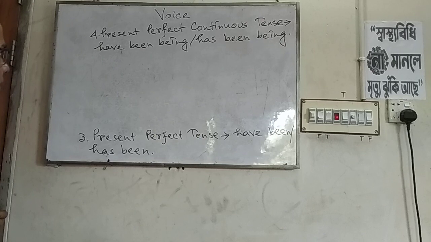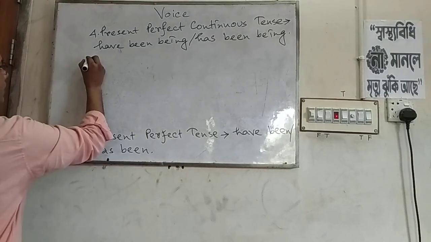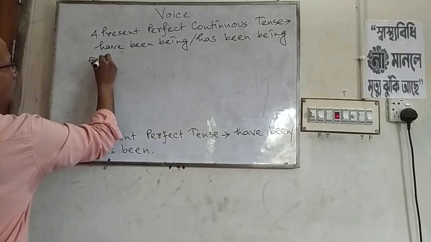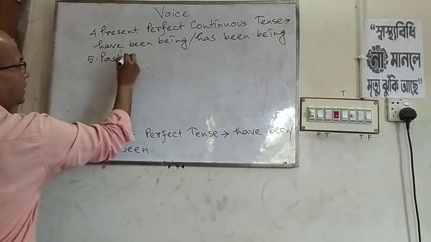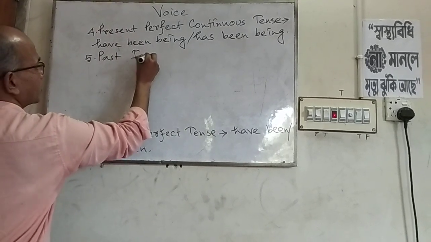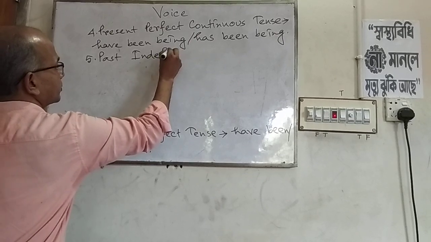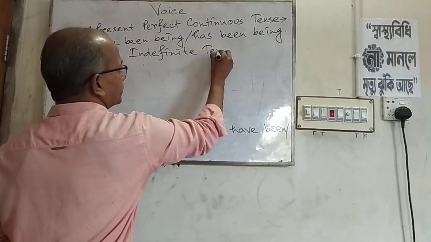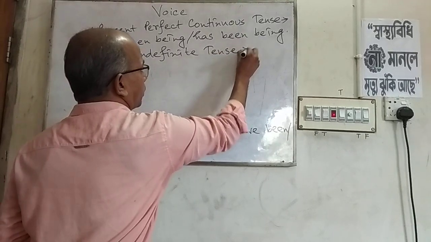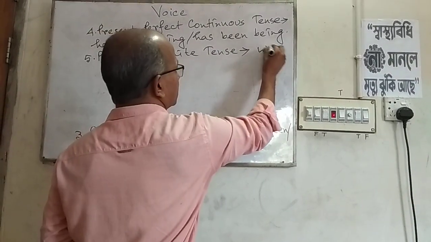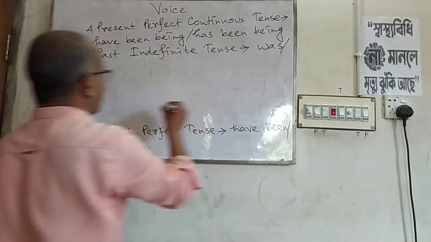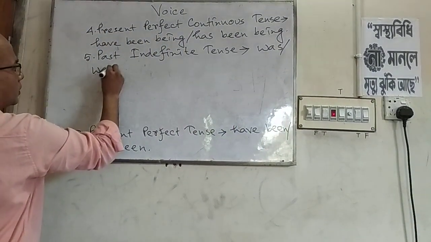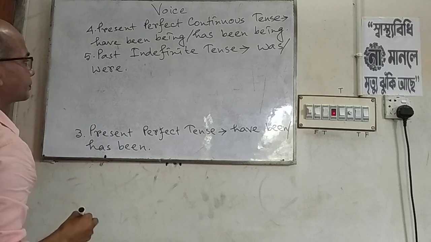Now there is past tense. At first, at number 5, past indefinite tense. And auxiliary verbs are was, were.